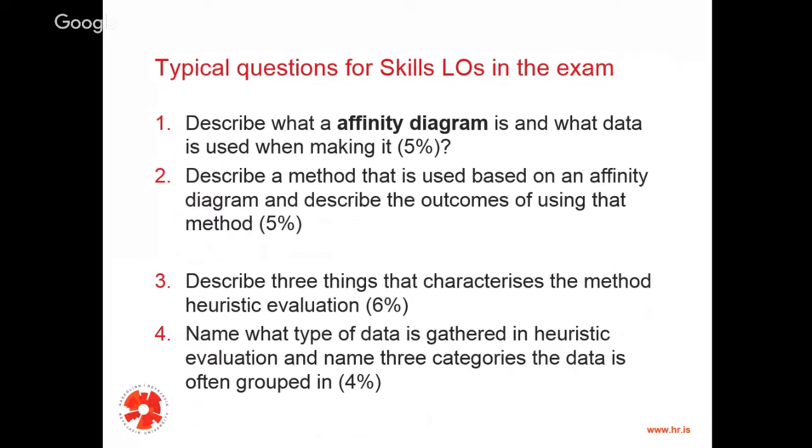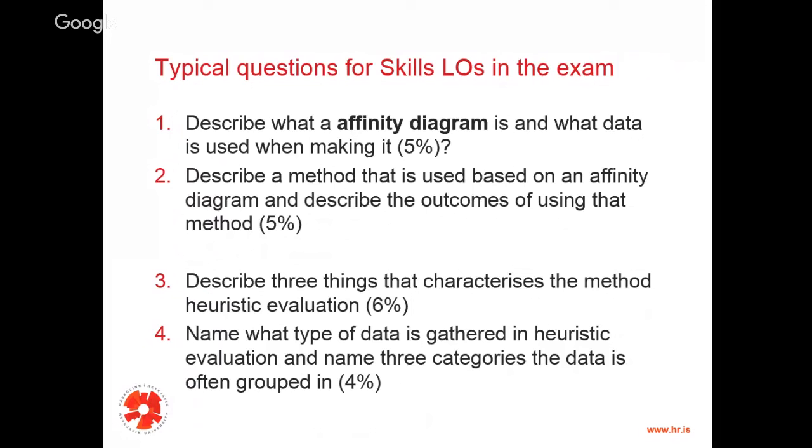What is an affinity diagram? Yeah, it could be. An affinity diagram is, I would say actually, a structure, a grouping. And then what data is used when making it? Maybe you should start by answering that.